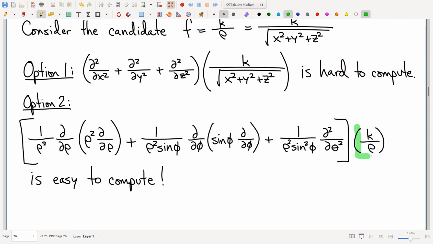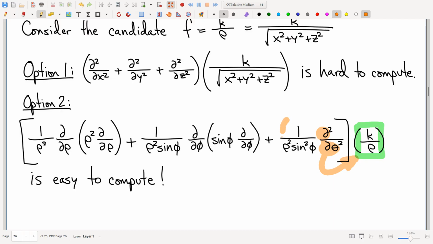This function, the very first thing I need to do to it is compute the partial with respect to theta. What do I get when I take a partial with respect to theta of a function that doesn't have any thetas in it? 0. Poof.